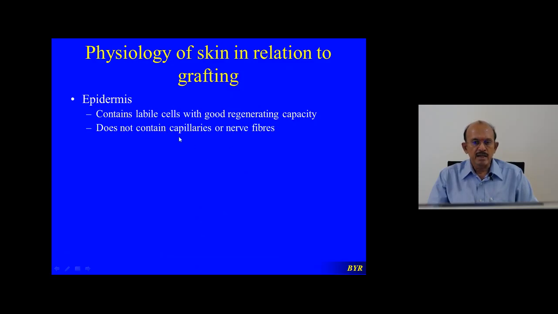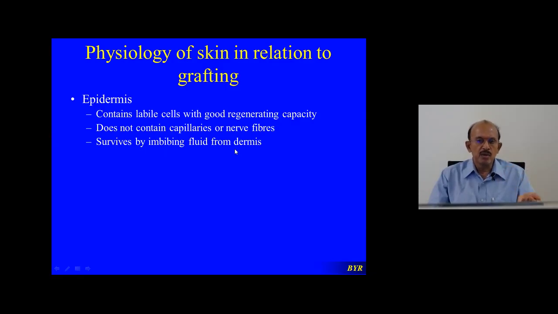They don't contain capillaries or nerve fibers. Epidermis has no capillaries, no blood vessels, no nerve fibers. How does epidermis survive then without capillaries? It survives by imbibing fluid from the dermis. The underlying dermis will be secreting fluid, and by absorbing that fluid, the epidermal cells survive.